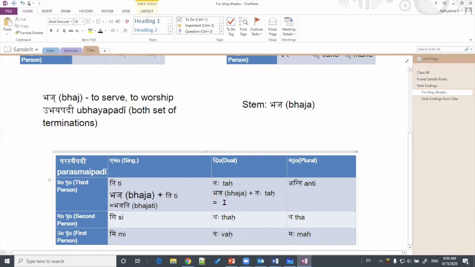Nothing is happening actually. Bhaja plus taha becomes bhajataha. And then here the same thing, bhaja plus anti.